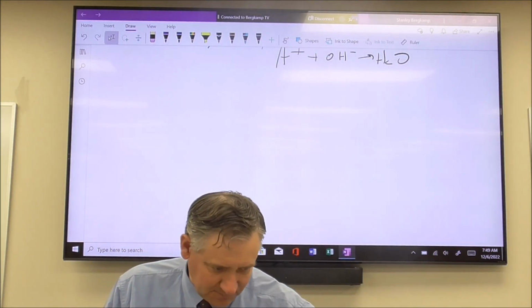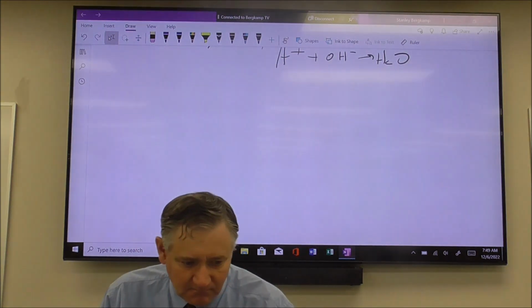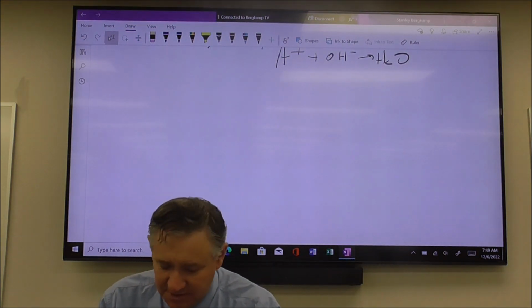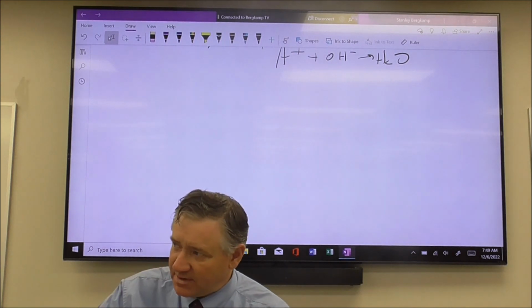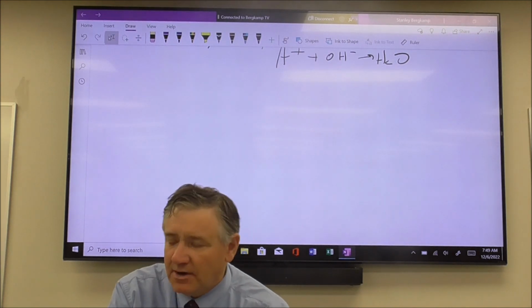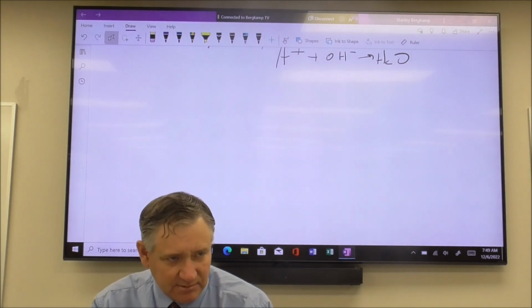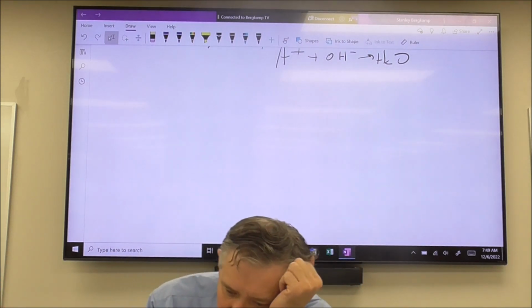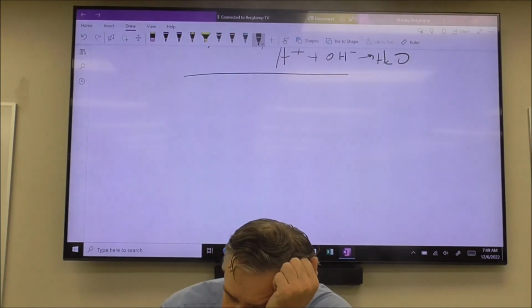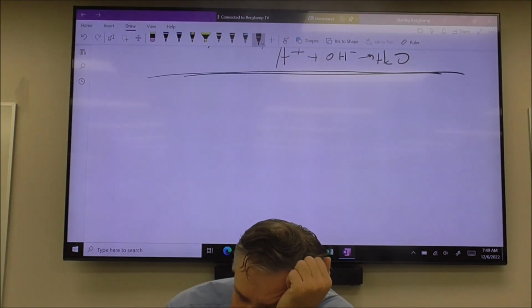If you want to understand stoichiometry, we're going to start with making cheese sandwiches, because if you can figure out how to make cheese sandwiches, you can figure out how to do stoichiometry. Cheese sandwiches are going to be pretty simple.